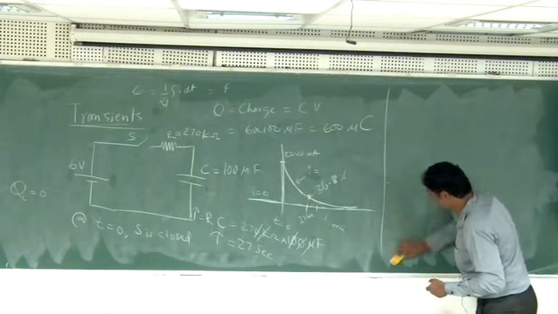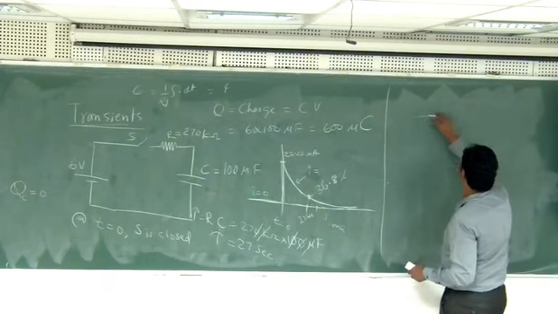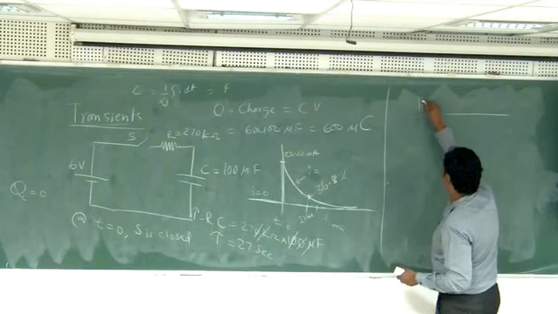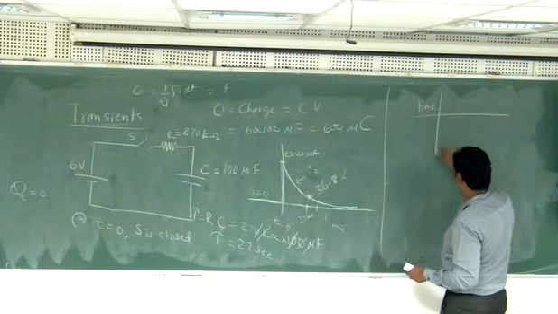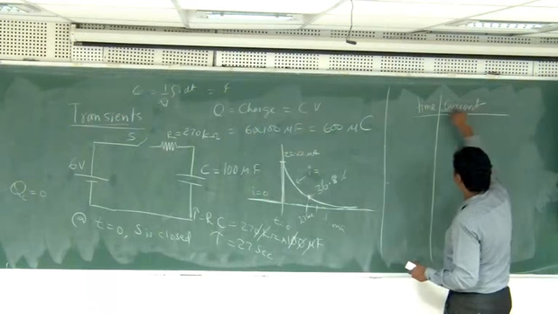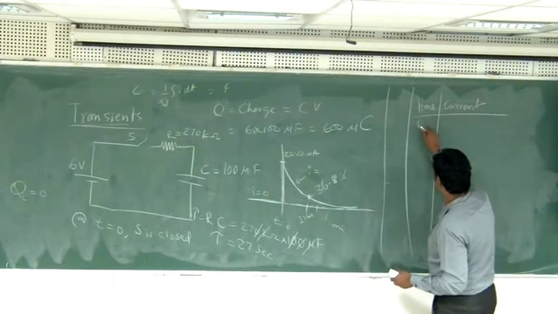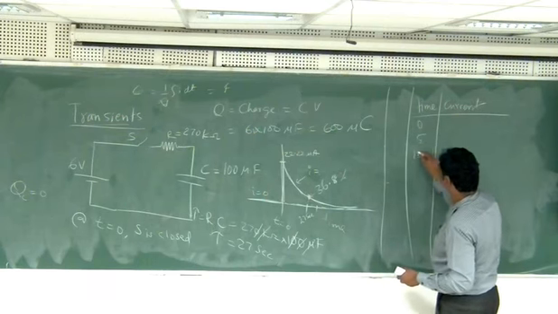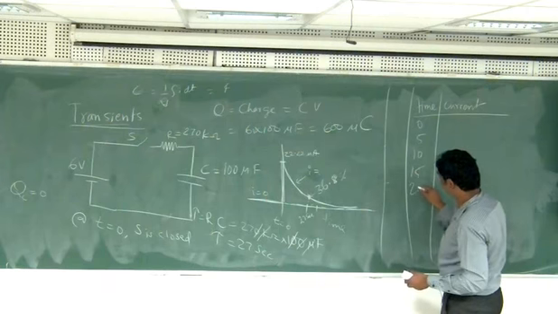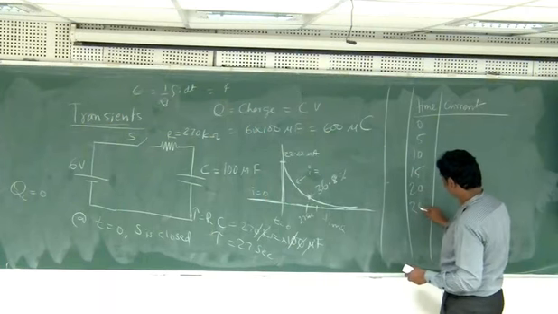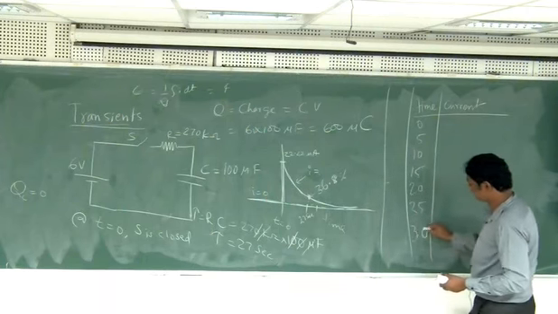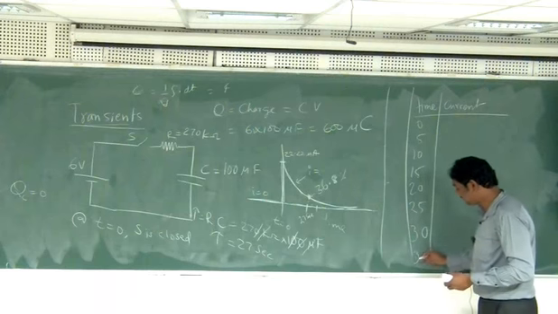I want to measure the current. So time and then current. So 0 seconds, 5 seconds, 10 seconds, 15 seconds, 20 seconds, 25 seconds, 30, 35 seconds like this.